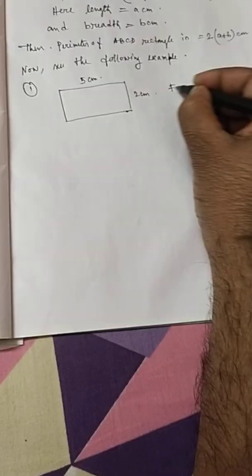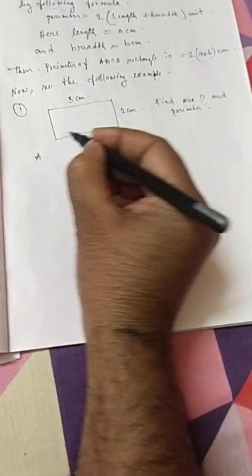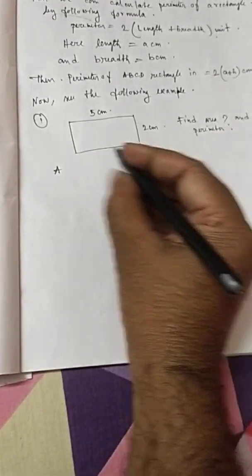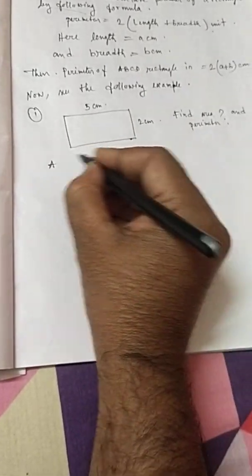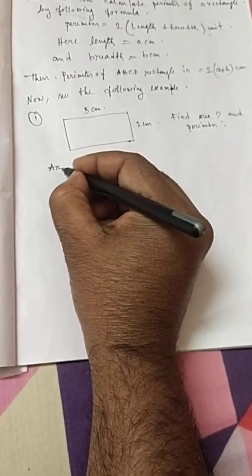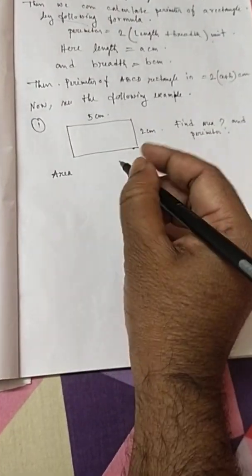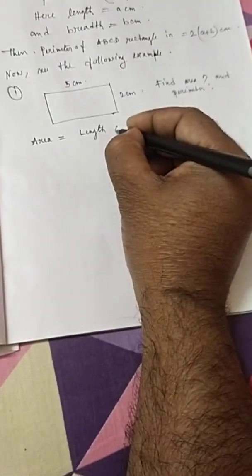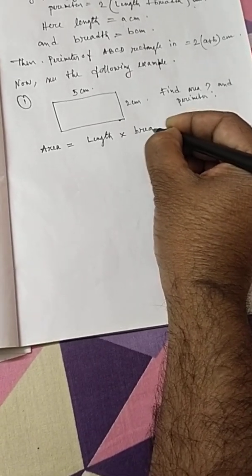Then find area and perimeter. So easily we already know the formula of a rectangle. Area of a rectangle is length into breadth.